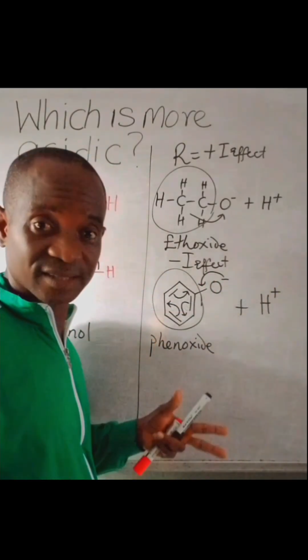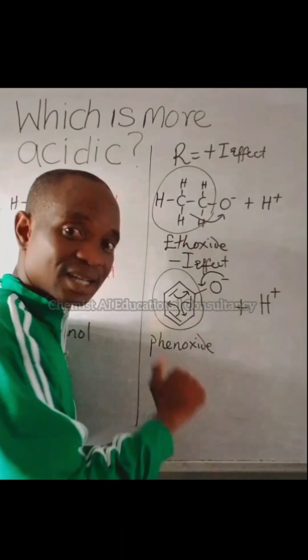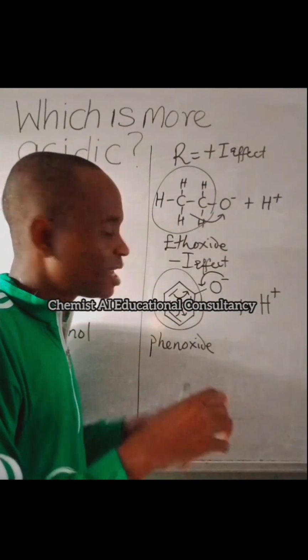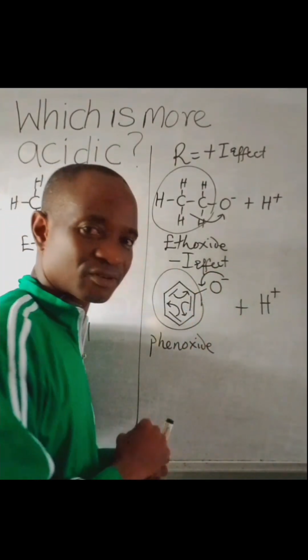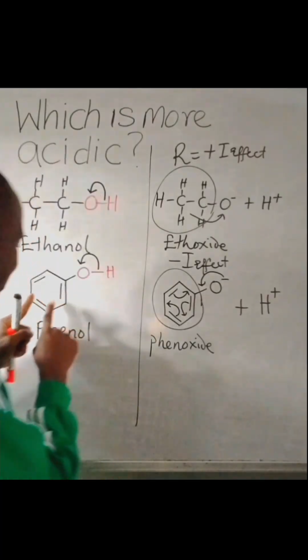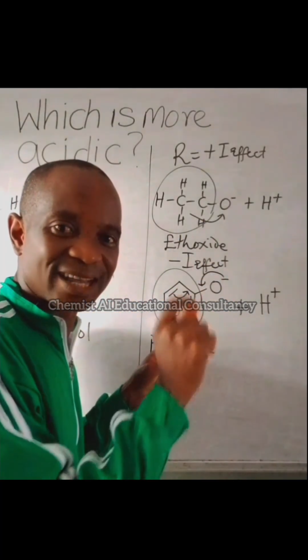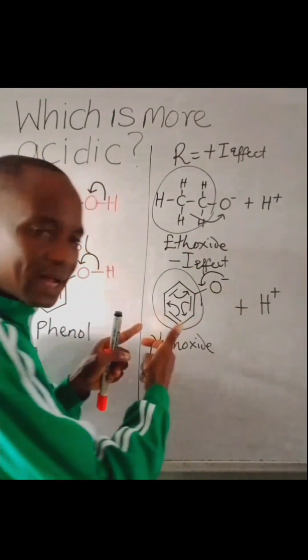It is called resonance. Because of that, when H plus comes in to look for that electron it left behind, it will find it difficult to catch the electron at that spot where it left it. And that is why whenever phenol loses hydrogen, the hydrogen has little or no tendency to come back.